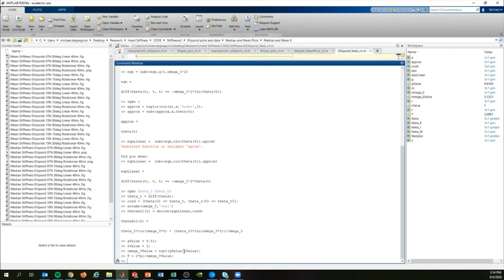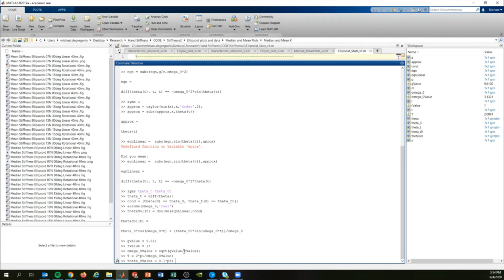And you can see on the right-hand side in my workspace, all of these things are being defined as we go. We also now need to set our initial conditions. So let's set those. We've got theta underscore 0 value is equal to 0.1 times pi.